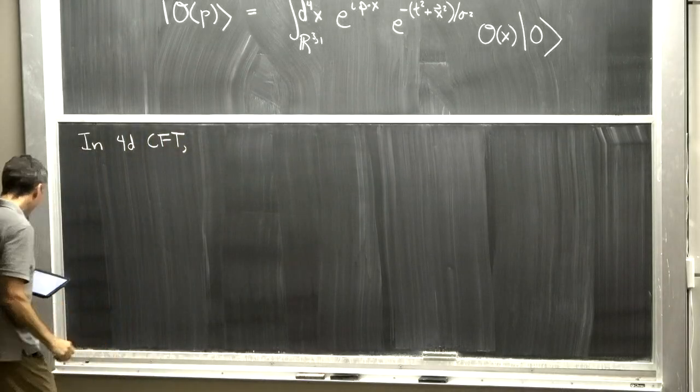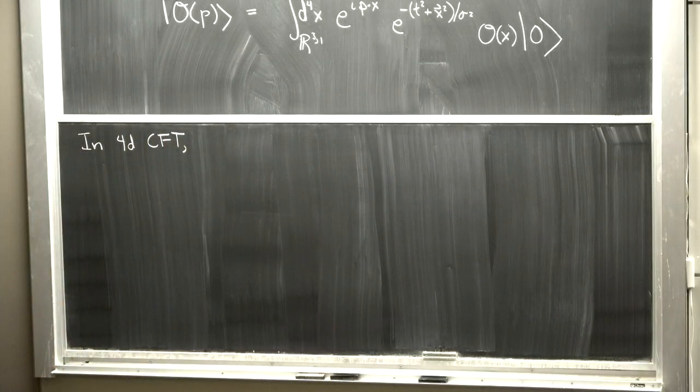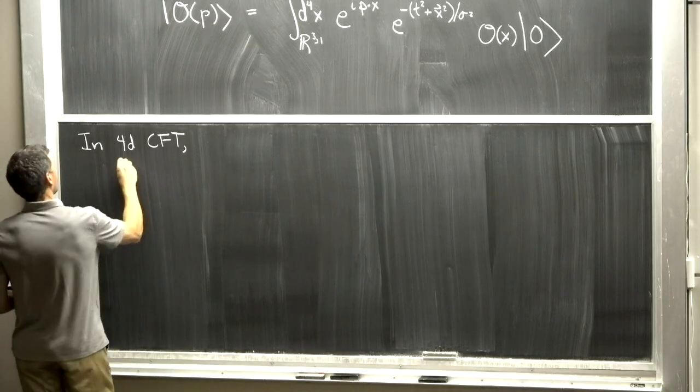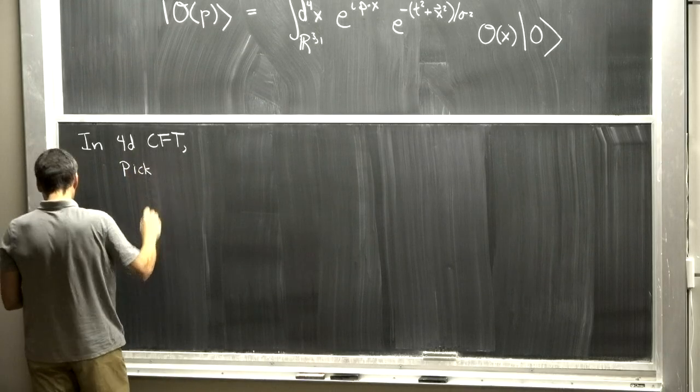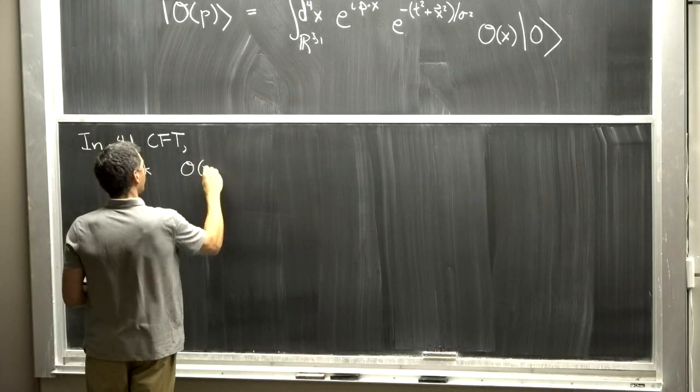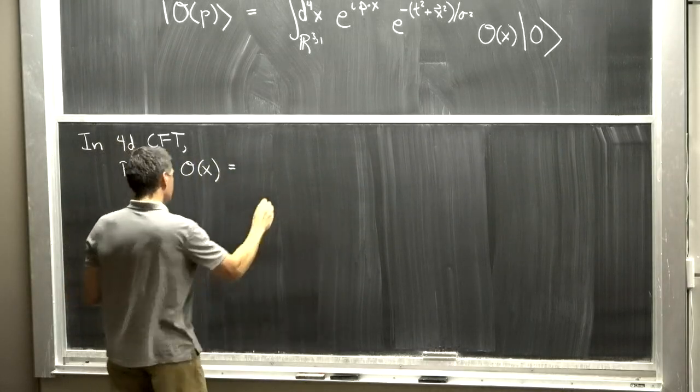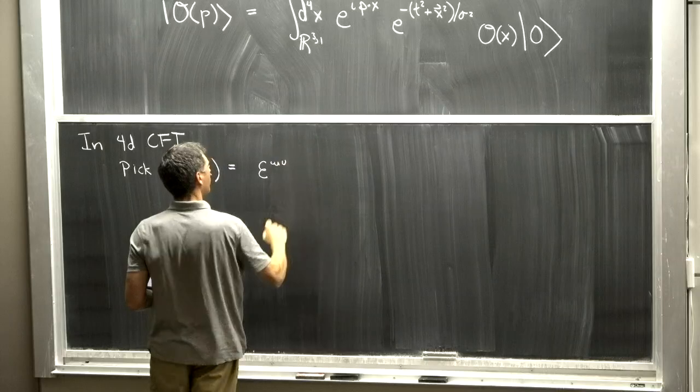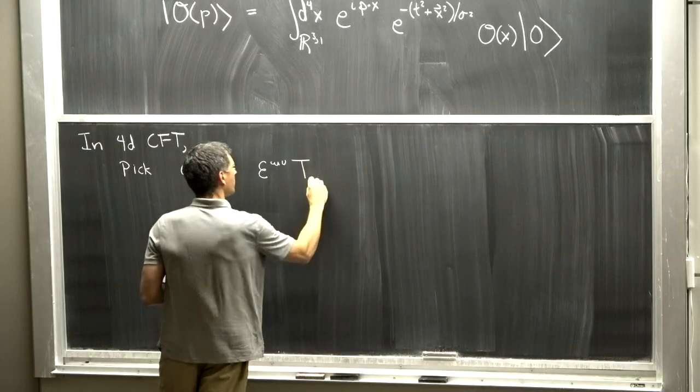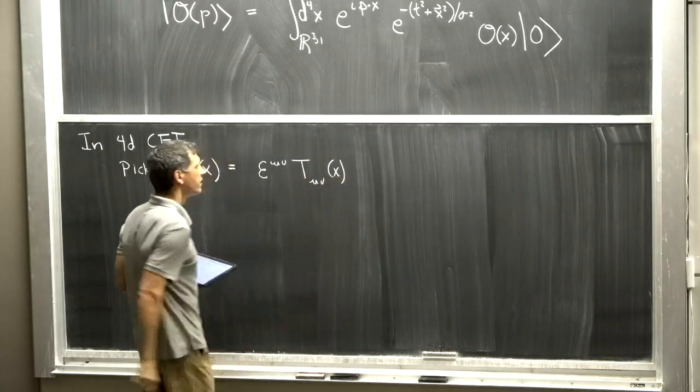So you can do these calculations in various dimensions, but to be concrete, let's look at 4-dimensional CFT. And we're going to pick our operator O of x to be a polarization vector epsilon mu nu, T mu nu of x.